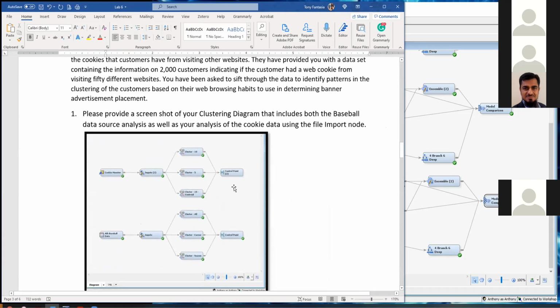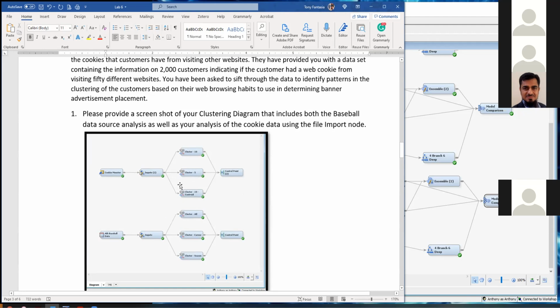So this is my final diagram. The clustering diagram includes both the baseball data source analysis as well as the analysis of the cookie data using the file import node. So these are my 2 final clusters.